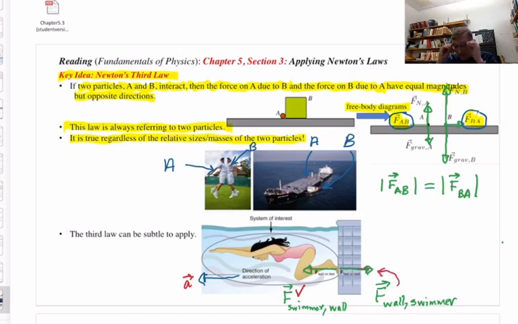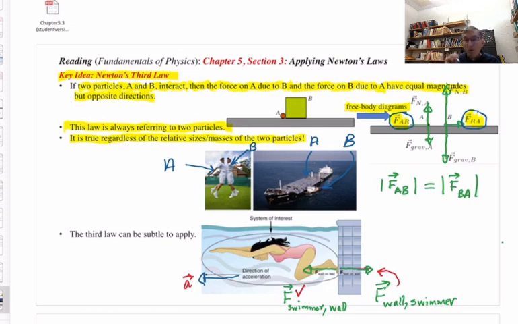But these two green arrows that I now have in my drawing are on different things. One of those arrows is a force acting on the swimmer, it's to the left, and the other arrow represents a force acting on the wall, it's to the right. Now, if I wanted to understand why the wall does not move, right, presumably it does not move, I would need to apply Newton's second law to the wall.